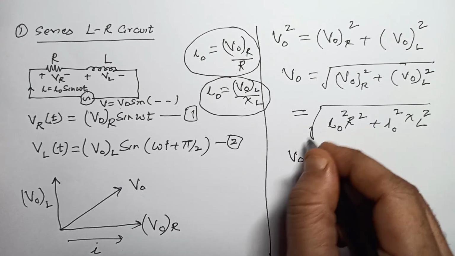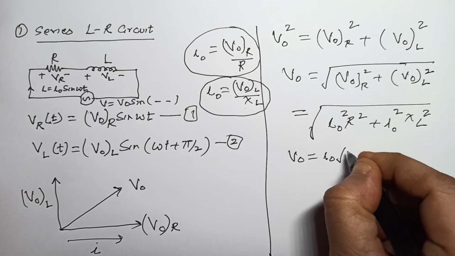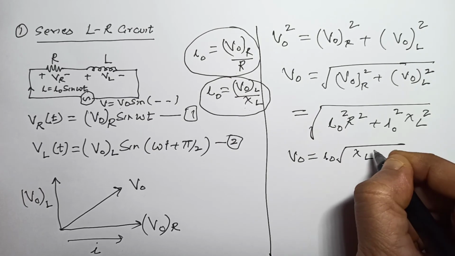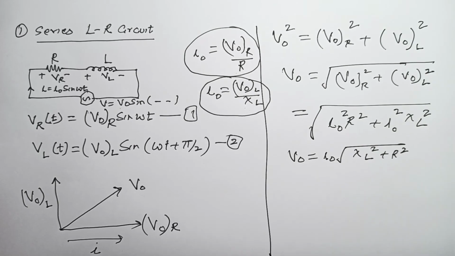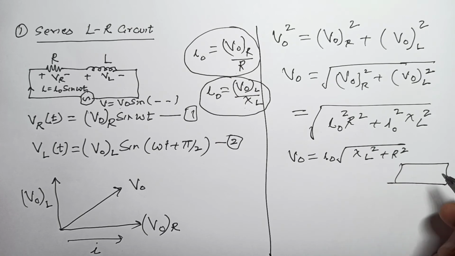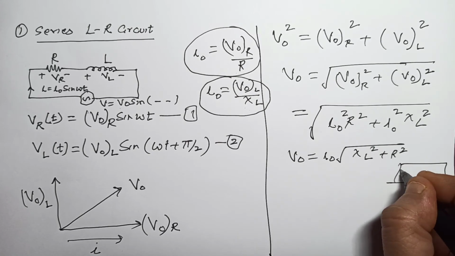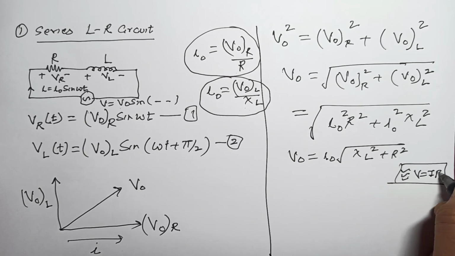Simple mathematics, just take I naught outside and this becomes XL square plus R square. Now, if we check, this is of the form V is equal to IR.